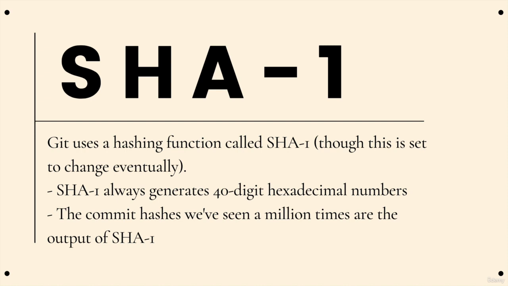But at the end of the day, there will be some replacement that will be just another hashing function. And this one, SHA-1, has been around for a little while, and it's a hashing function that always generates 40-digit hexadecimal strings. So the output size is fixed, right? We've talked about that. And all of the hashes we've seen are the output of the SHA-1 algorithm.